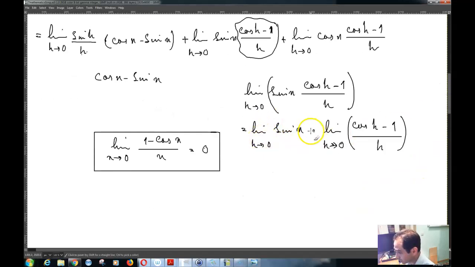Now, when h tends to 0, the limit of sine x is equal to sine x. This doesn't have anything to do with h, so it's equal to sine x.